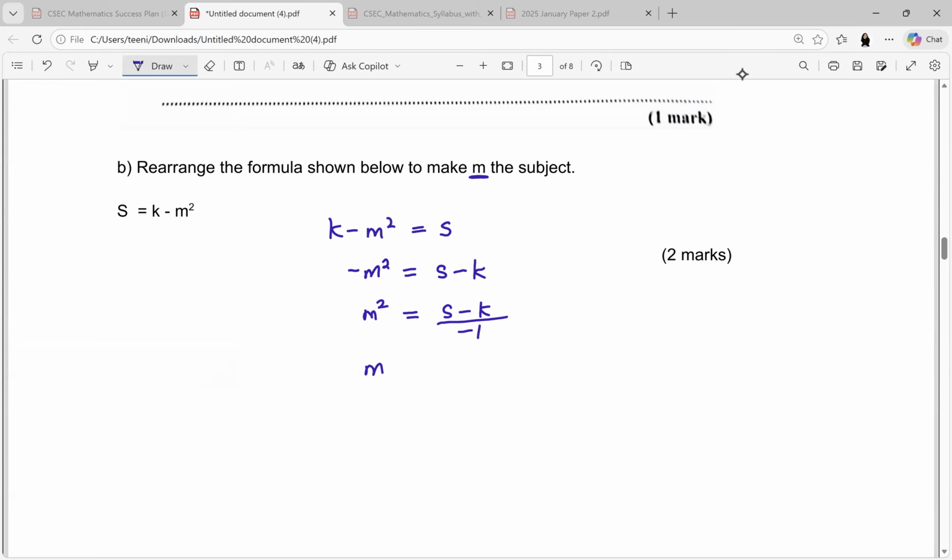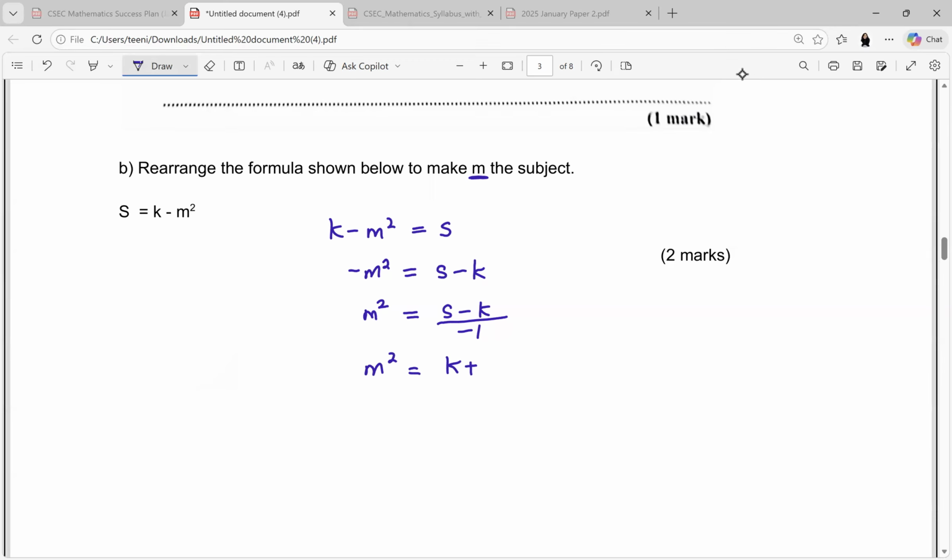So if I divide S minus K by negative 1, it would actually become K minus S. And if M squared is equal to K minus S, then M will be equal to the square root of K minus S. That's one way to do it.